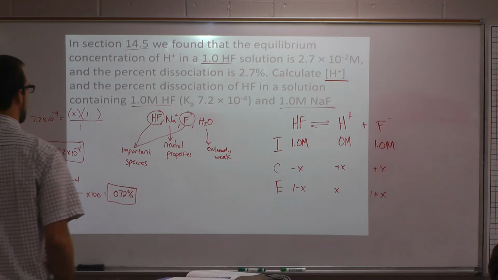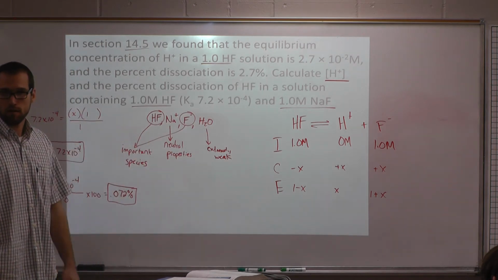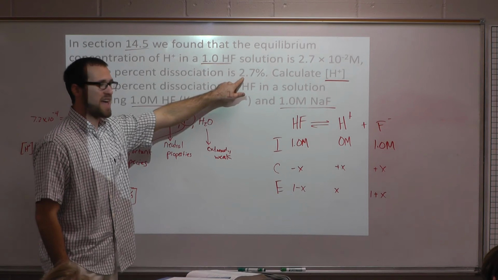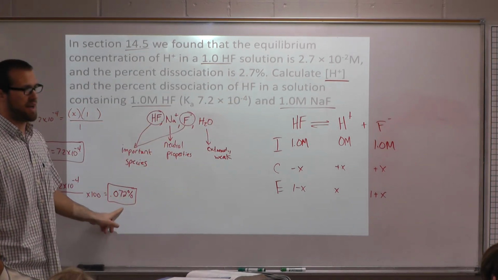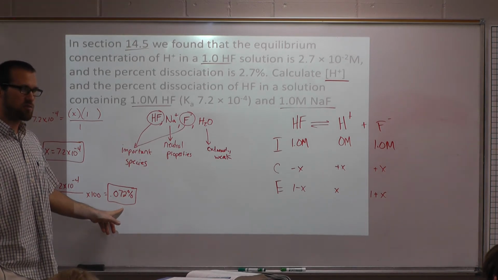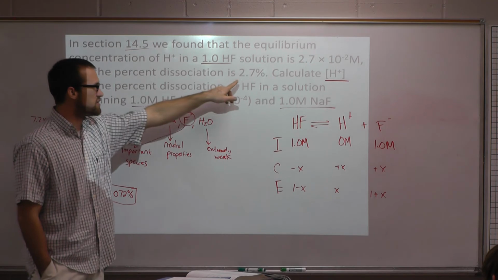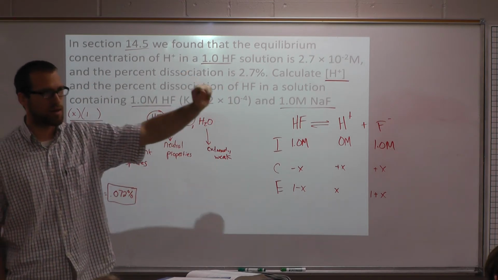From a dissociation standpoint, did it shift left? It did, right? Before I added the common ion, this is how much dissociated. After I added the common ion, it dissociated less, which means it shifted left from our original situation. Okay? That should make sense.